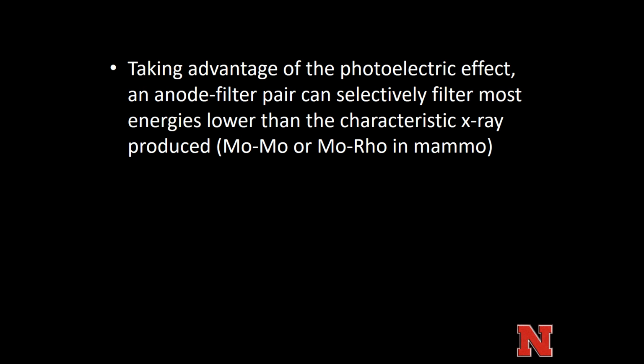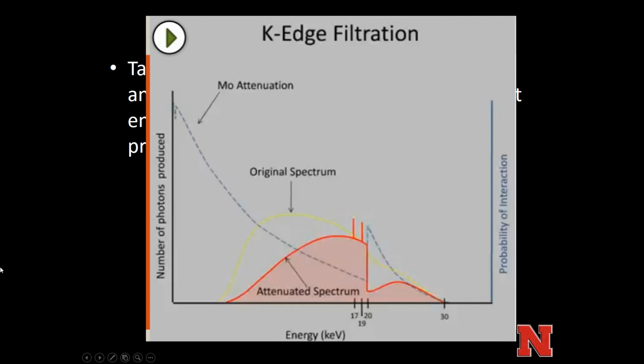If you think about a molybdenum or a molybdenum-rhodium pair setup in mammography, it illustrates this fact well. If you look at the original molybdenum attenuation coming out, here's what theoretically it would look like. Here's what the original spectrum looks like.